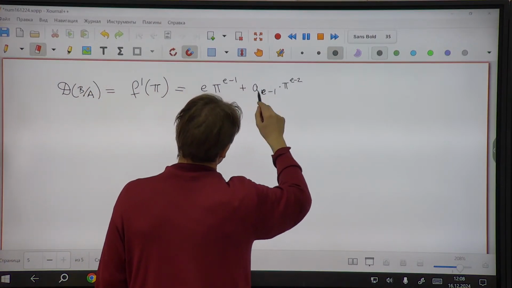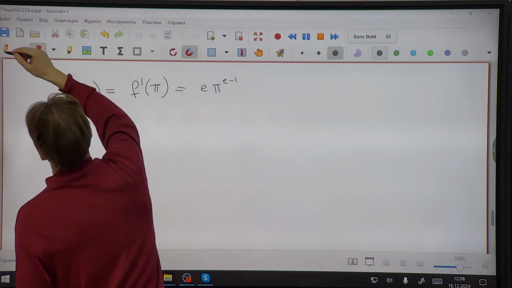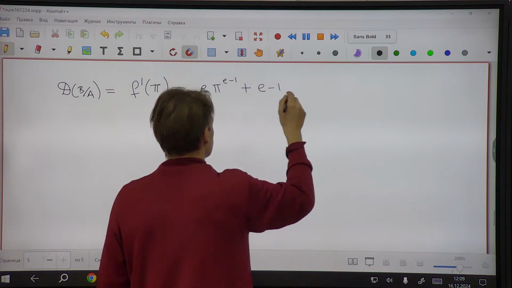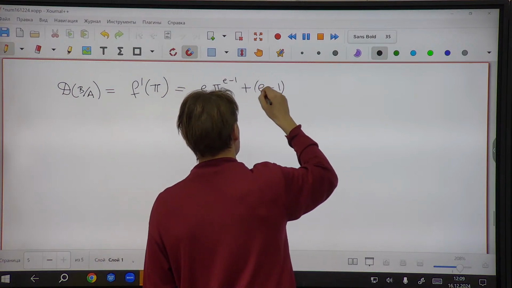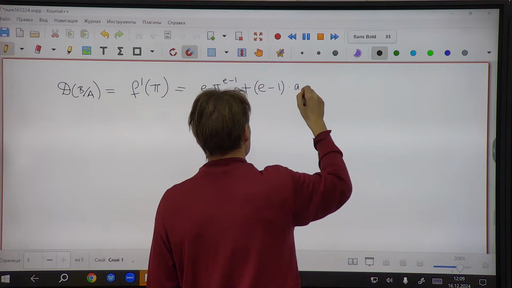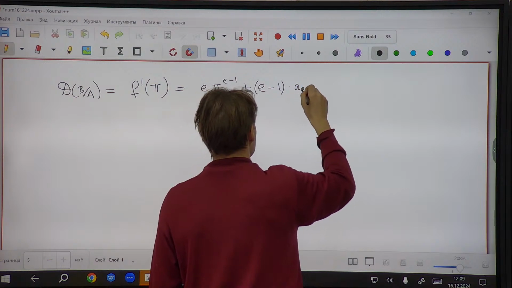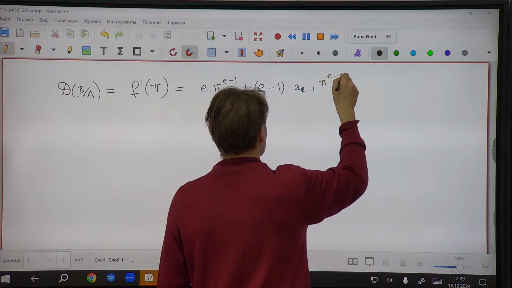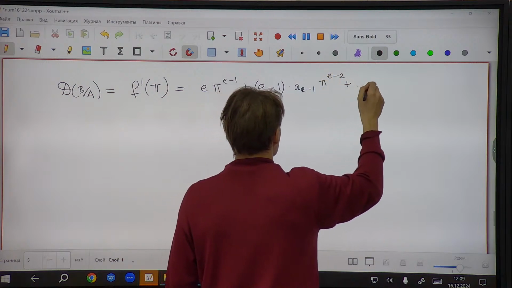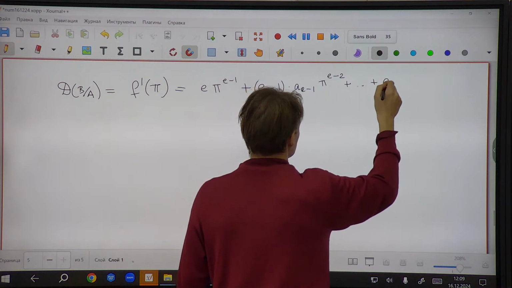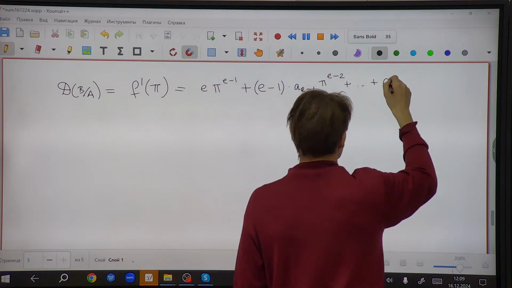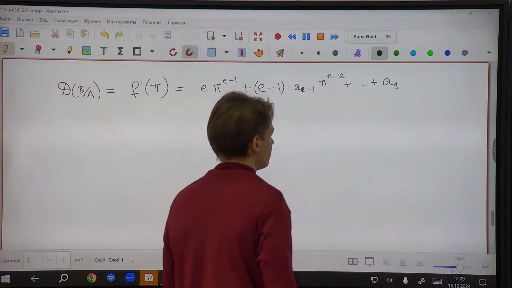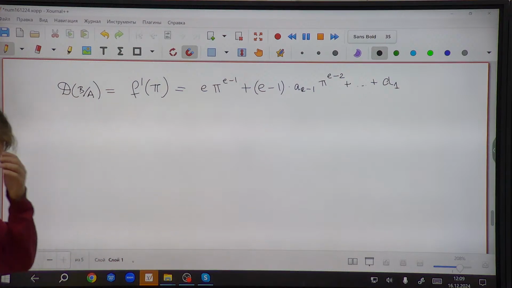I did not write the coefficient. And the last coefficient is A1, with degree 1.